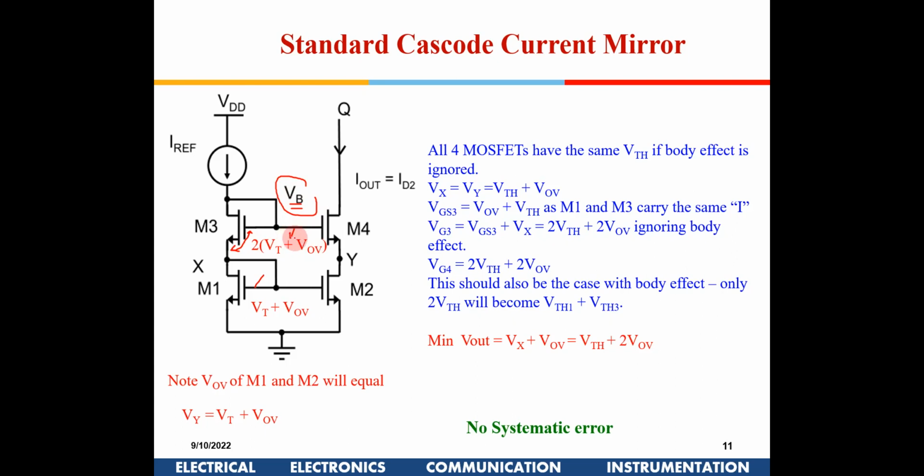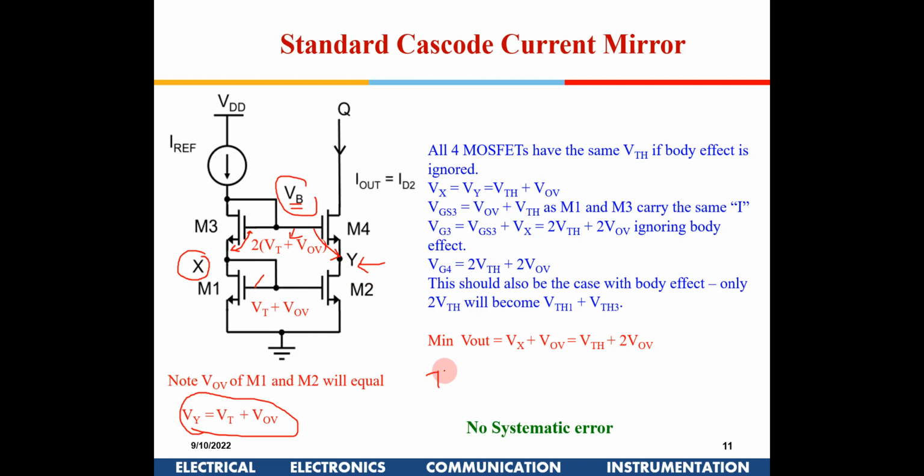Is it okay till here? Now if I come back here, across this there will be one VT plus VOV. So Y is also now VT plus VOV, right? X is also VT plus VOV, right? So there is no systematic error here.